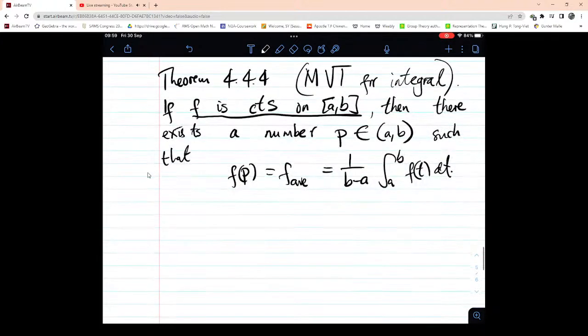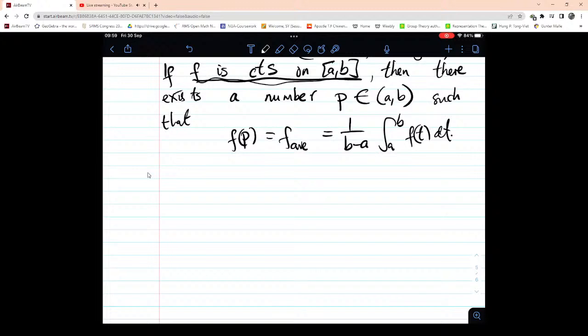Right, so the condition that we want is that f is continuous. If f is continuous, we are guaranteed that this happens. If f is not continuous, we don't know. We are not guaranteed. It can go either way.